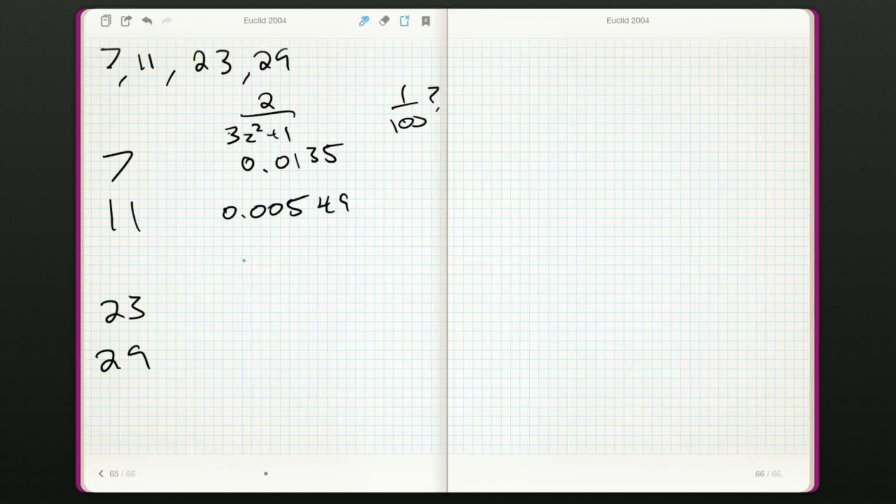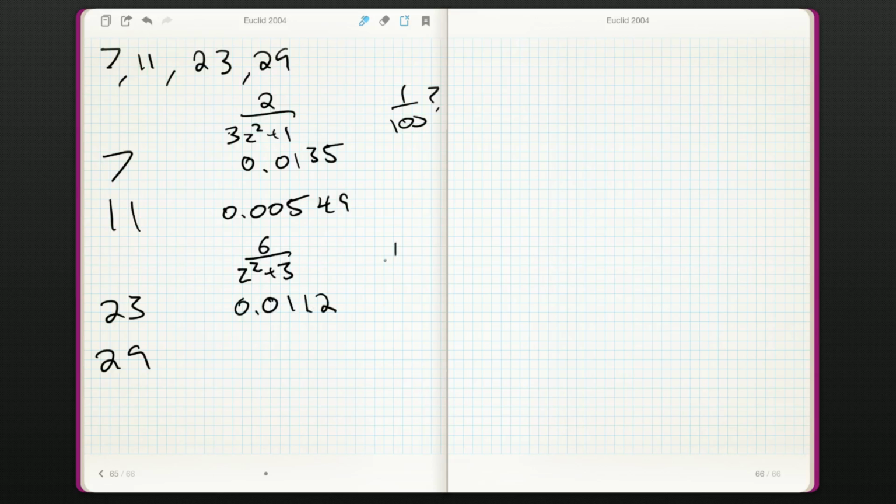But how good of an approximation are these ones? We need 6 over z squared plus 3. 23 squared plus 3, reciprocal, times 6. We have 0.0112.